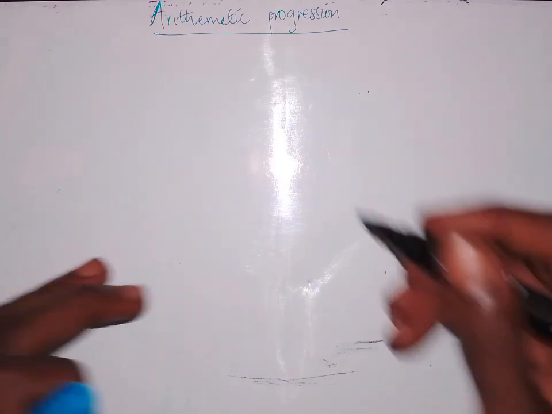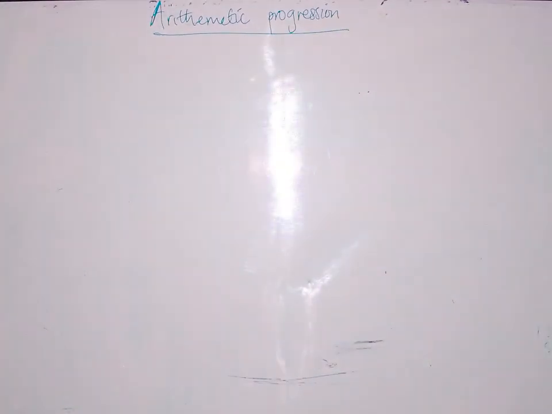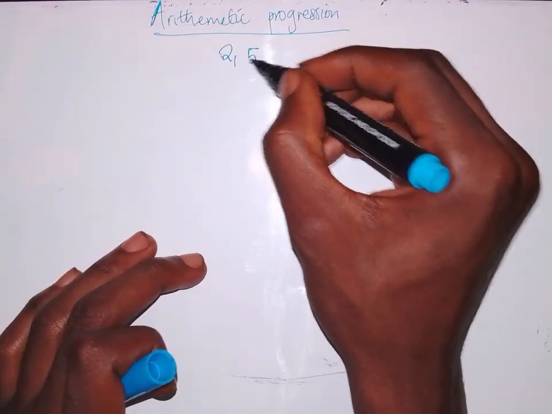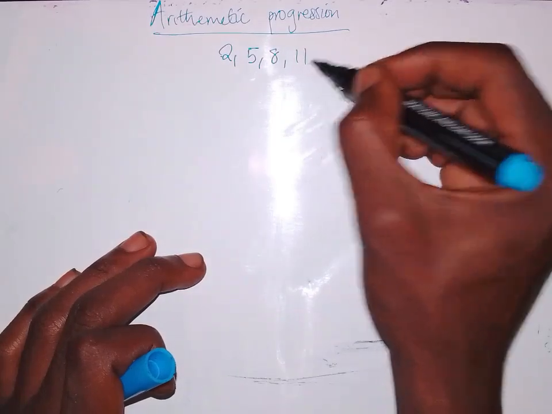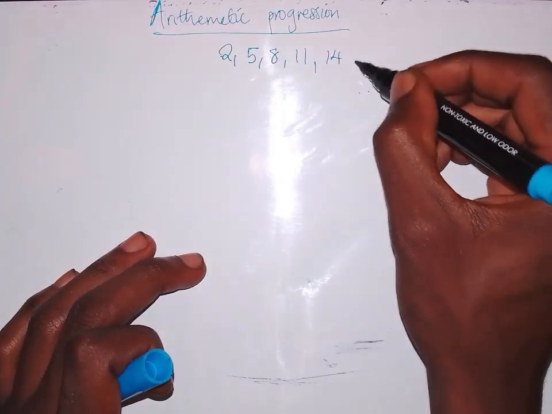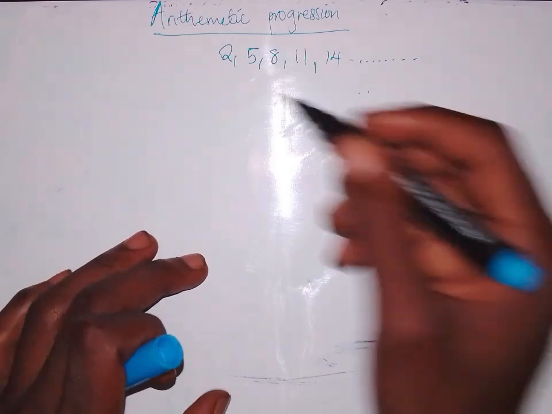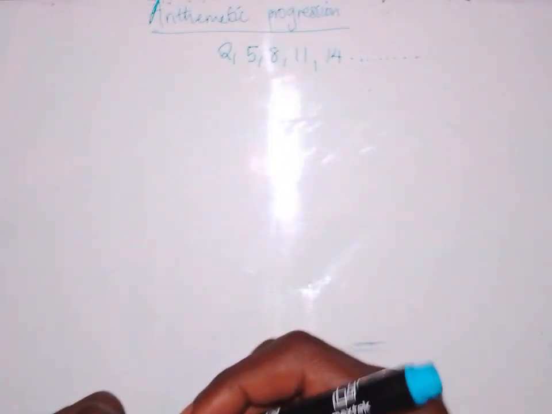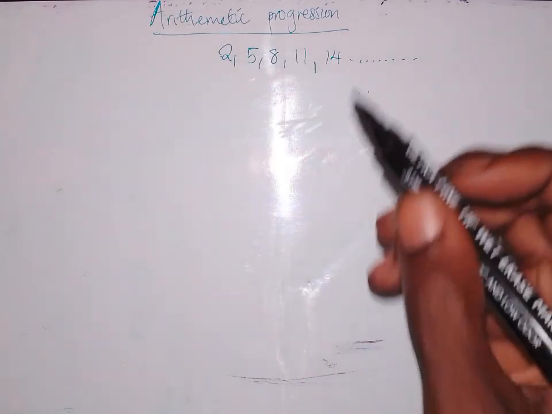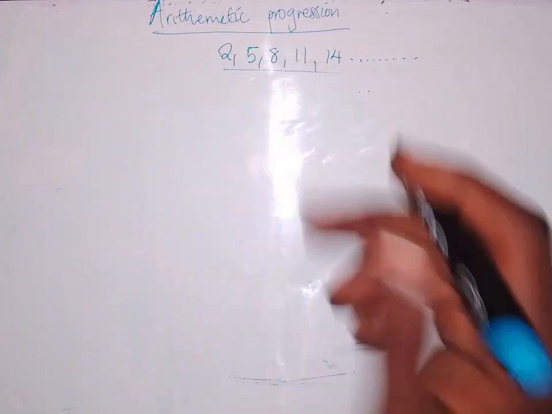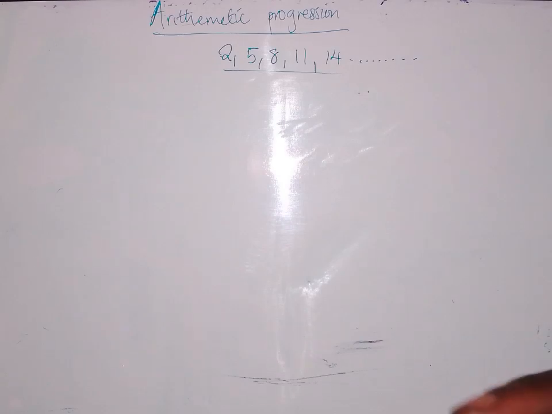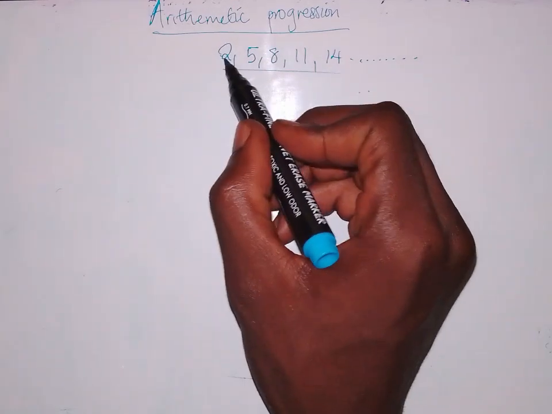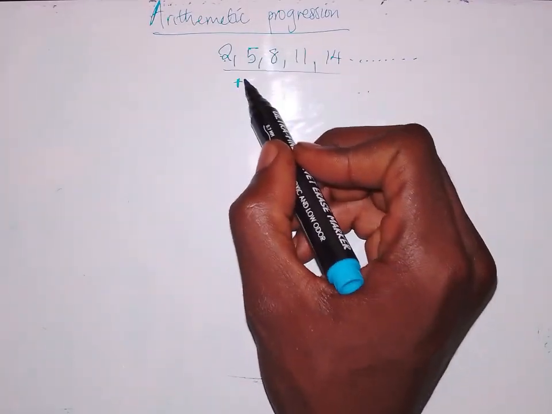What do we mean? We can have, for example, a series of numbers like 2, 5, 8, 11, 14, just like that. This is what is known as a sequence of numbers, where numbers are following each other. And as you can see, from 2 to 5, we are adding 3.